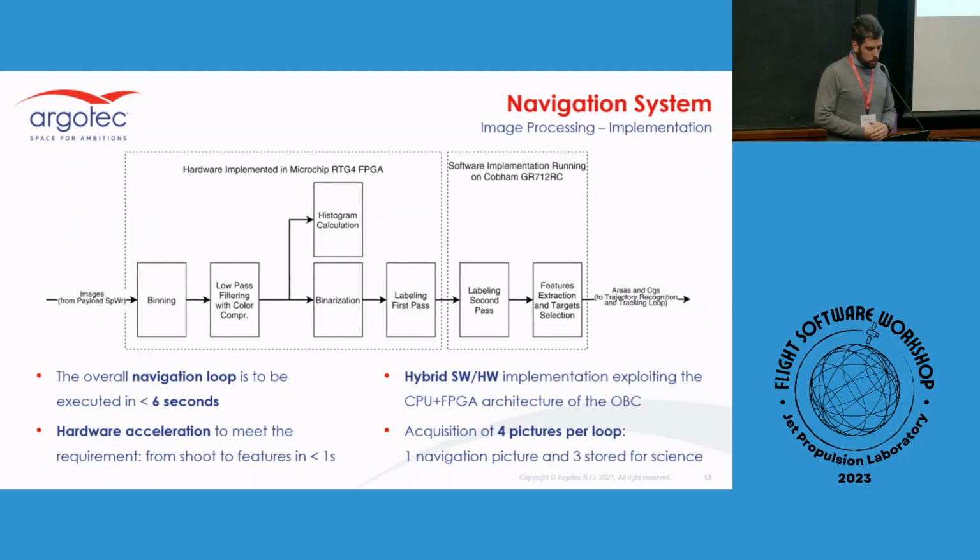And in such a way, we were able to execute all this pipeline in less than 1 second, leaving enough time for the subsequent blocks. And also, even more importantly, maybe, to leave enough time for the storage of the pictures, because for each navigation loop lasting 6 seconds, we had to store 4 pictures from the navigation payload and up to 9 from the secondary payload.